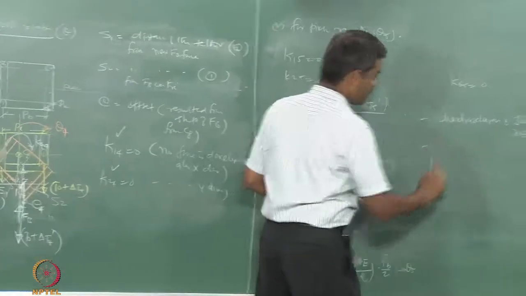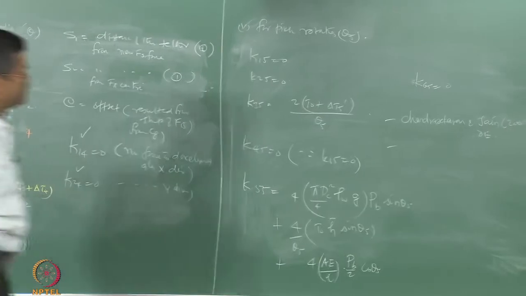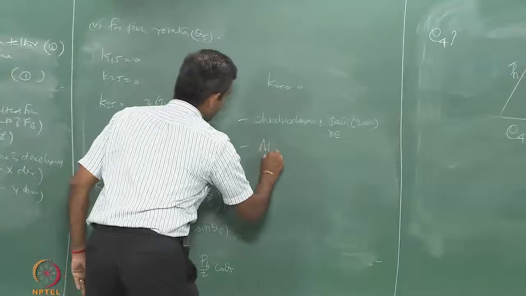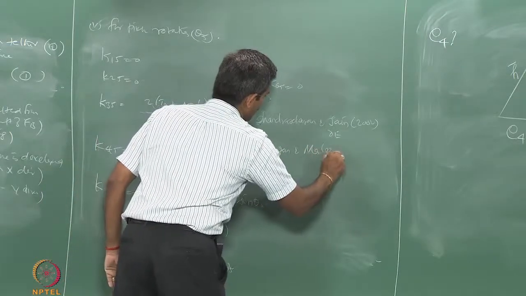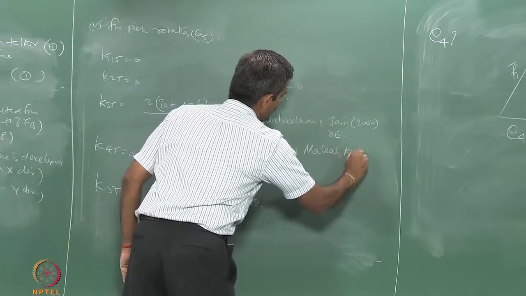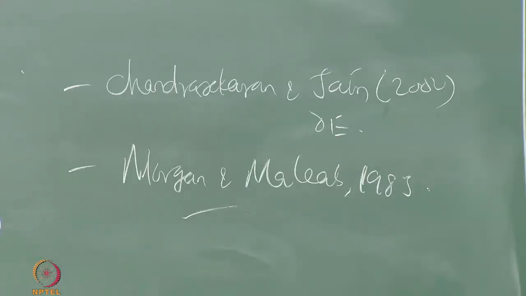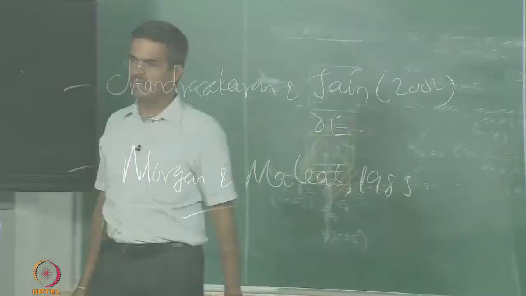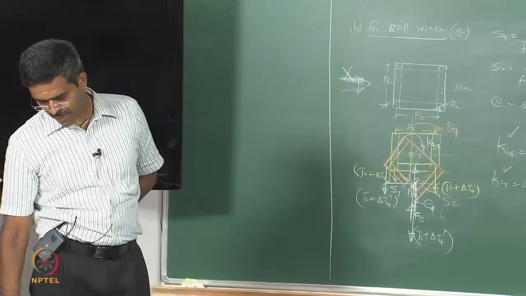The other one is Morgan and Melieb, 1983. Again the reference is available in NPTEL, please see that. So these are the two key papers based on which this derivation was transcribed actually. Please see these papers, you will get more.